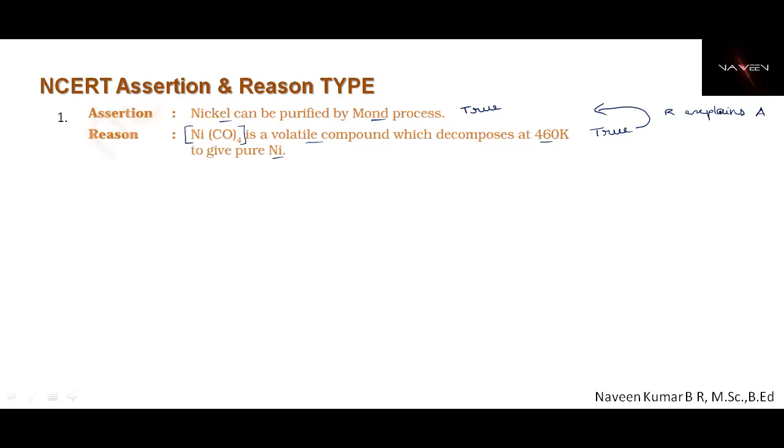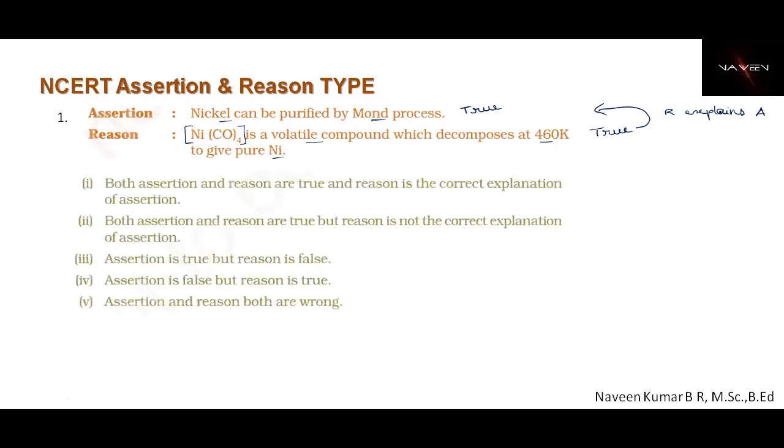Hence, we'll look into the options now. So both assertion and reason are true, and reason is the correct explanation of assertion. So that is correct. Both assertion and reason are true, but reason is not the correct explanation. Assertion is true, reason is false. Again, it is not correct. Assertion is false, but reason is true. Again, it is not correct. Both assertion and reason are wrong.